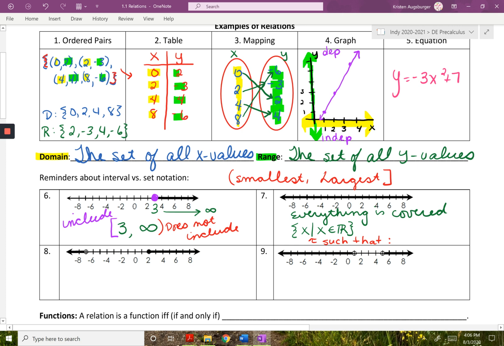I think the line is easier to write, but if I'm typing, a lot of times I use the colon. The sideways E, it is just a C with a line through it, means is an element of.